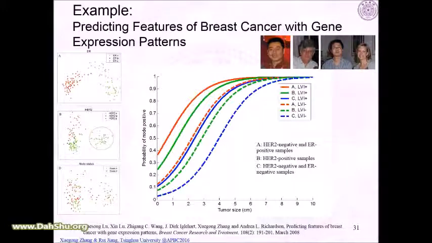But we applied unsupervised learning on the data, and we identified 6 subgroups, 6 clusters of the data. Within each cluster, we built a logistic regression model, and within each cluster we can have a better prediction accuracy. Also, this clustering method shows some hints about the pathways in lymph node metastasis.